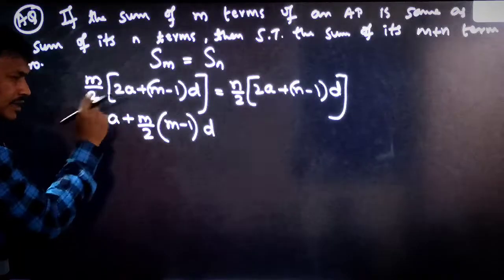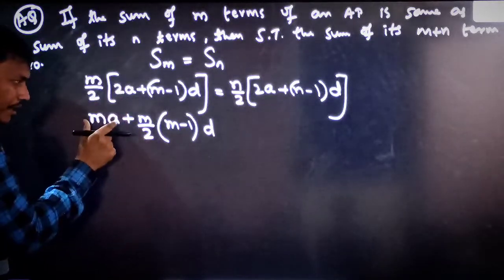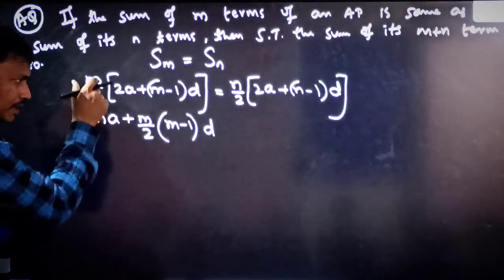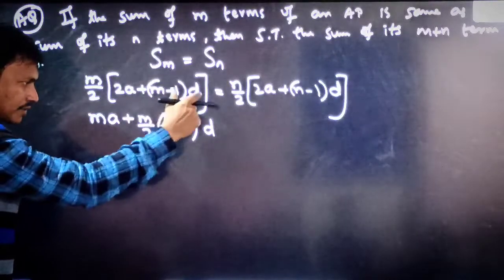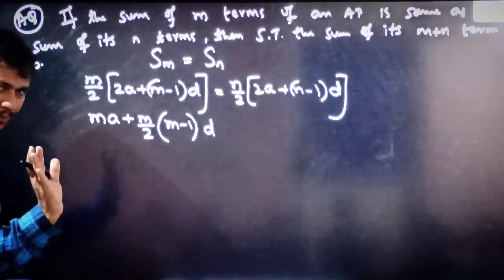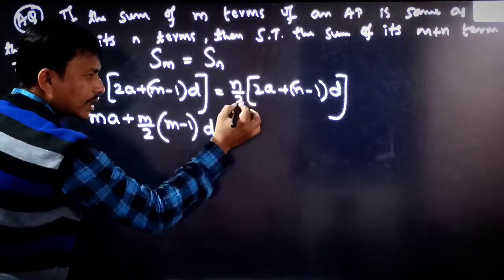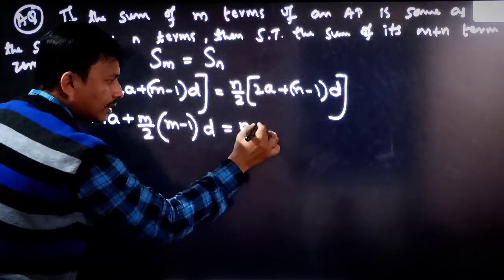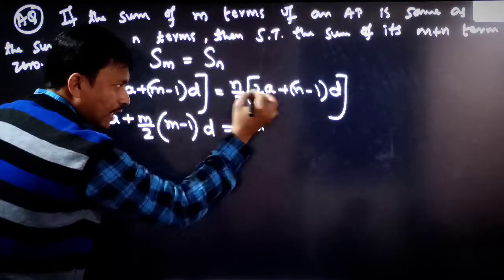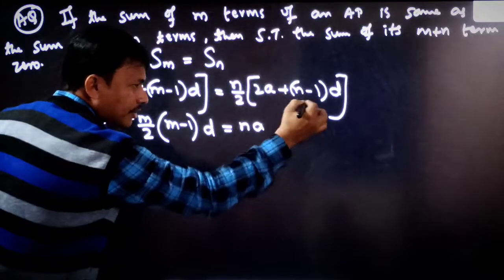Division to multiplication, cancel, m into a. Then plus m by 2 as it is, m minus 1 into d as it is. Simple. Next, this is equal to 2 cancel, n into a, na. This 2 is also common for this term also.